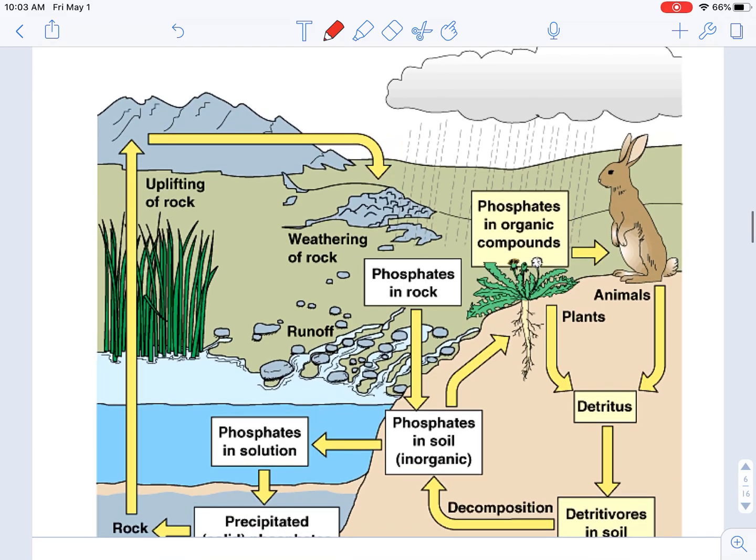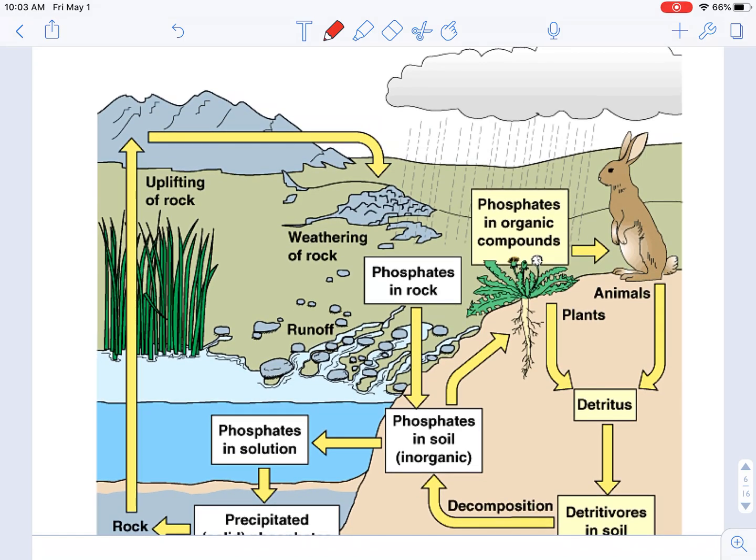So again, taking a look at this diagram, we can run through this. What they've done is they've color-coded the organic in the yellow color. So we've got phosphates and organic compounds. The organic compounds are the things that make up the plants. Those plants then can be moved through the food chain, right?